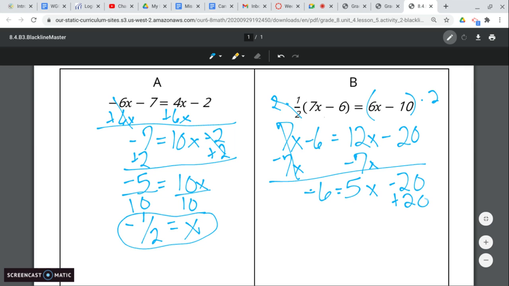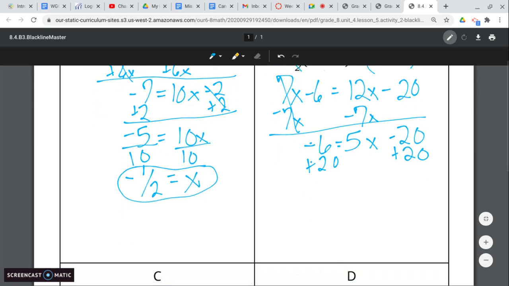We're going to add the 20 to both sides. So negative 6 plus 20 is going to give us a positive 14, which will equal 5x. And then last but not least, we have to take 14 and divide it by 5.